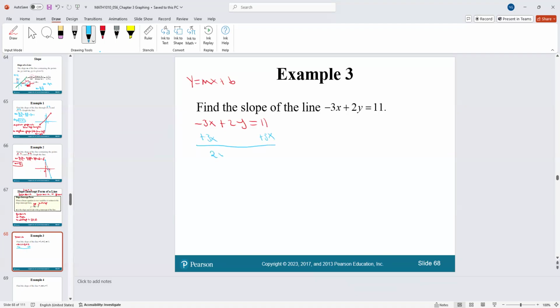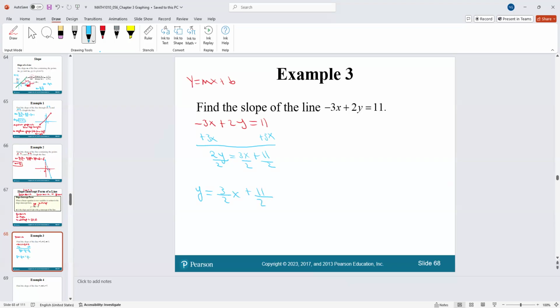So 2y equals 3x plus 11, because I only need y on one side, only y. We cannot have more. So I divide everything by 2. So we end up having y equals 3 halves x plus 11 over 2.